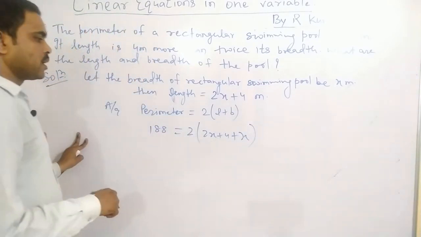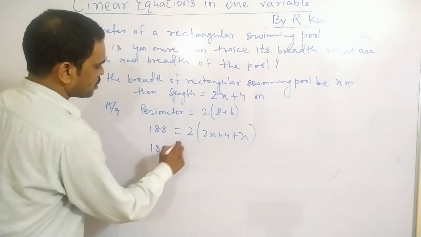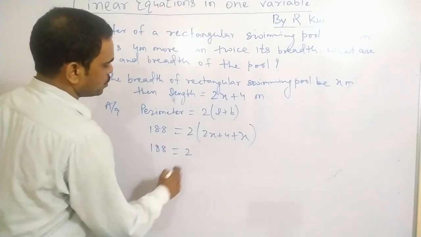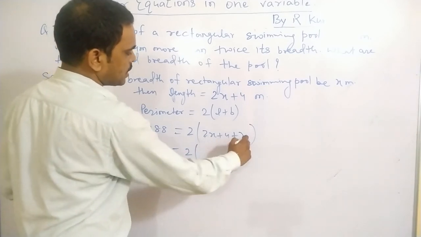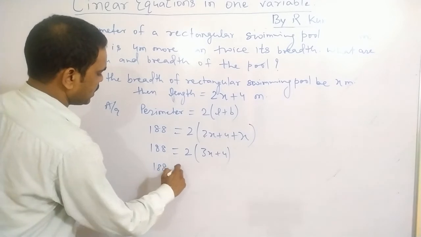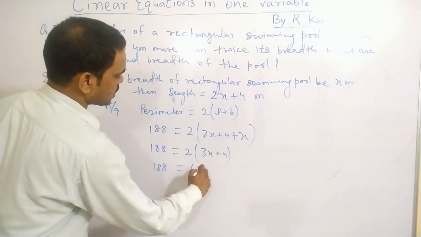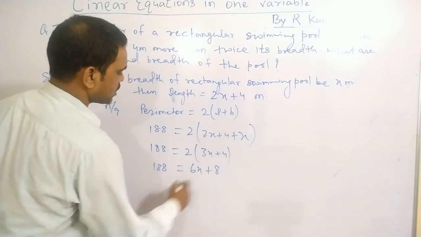Now this is the equation: 188 equals 2 into (2x and x, 3x plus 4). 188 equals 2, you just multiply 2 into 3x is 6x, and 2 into 4 is 8.